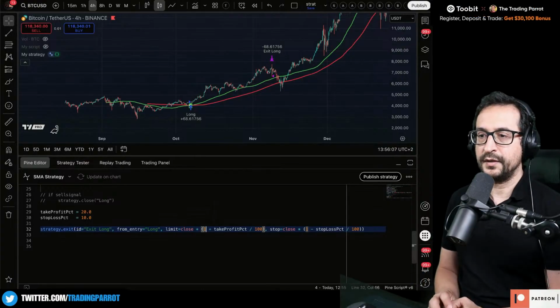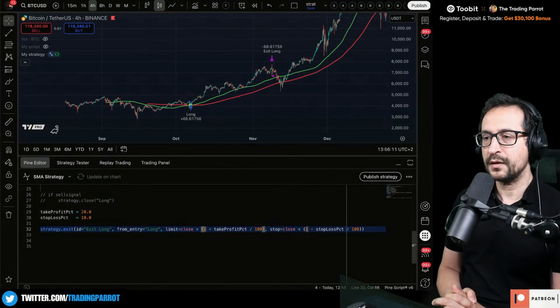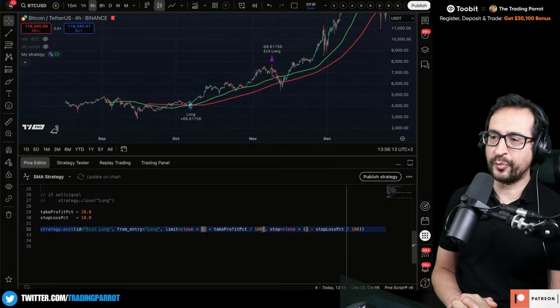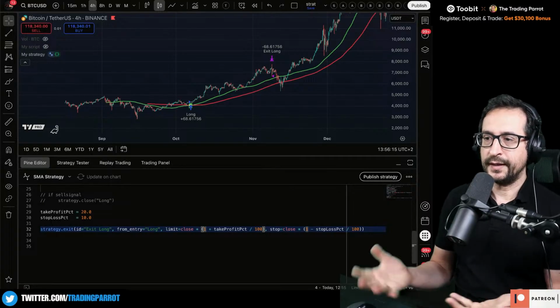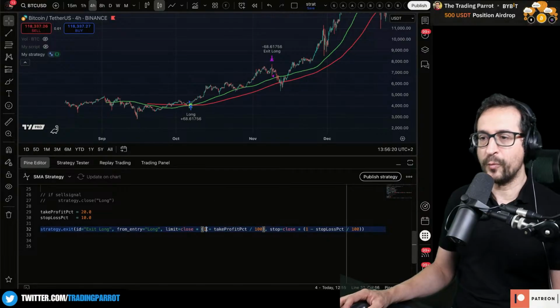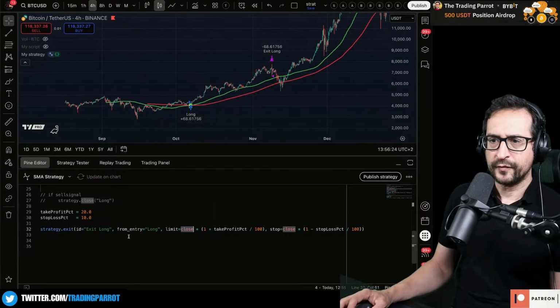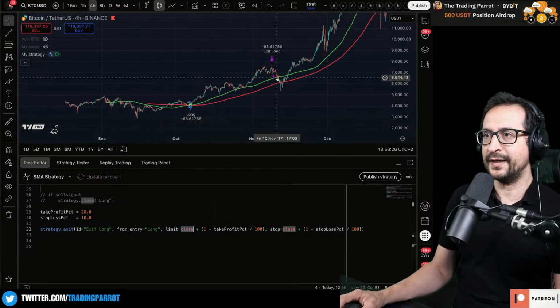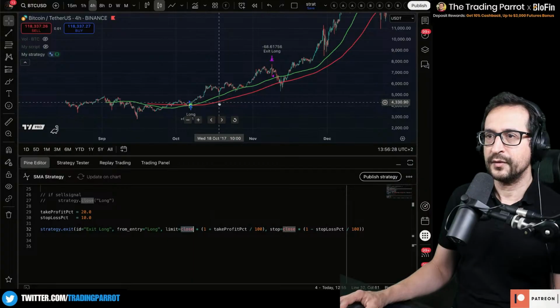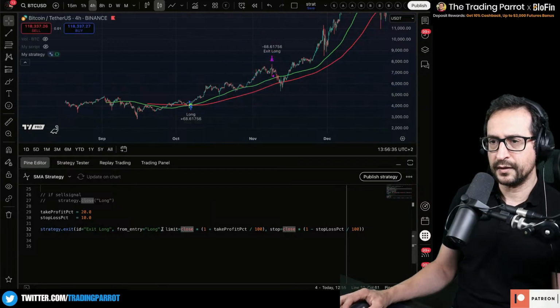Oh, it's correct. Yes, because we need to multiply. So it's 1 plus the proportion of 10 over 100. That gives you 0.1. So it's 1.1 multiplied by the close. And for some reason, this is placing the limit very far. So I'm not sure what it's doing wrong on the limit in here.